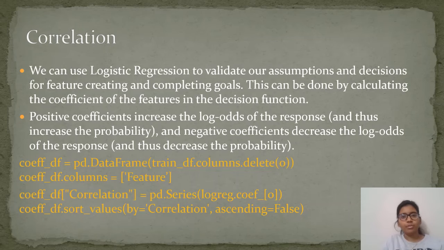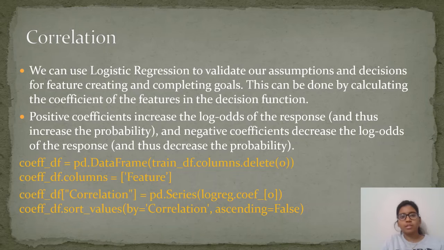In the positive correlation, the variables have the same direction. In the negative correlation, the variables have different directions, like one variable is increasing and another variable is decreasing.